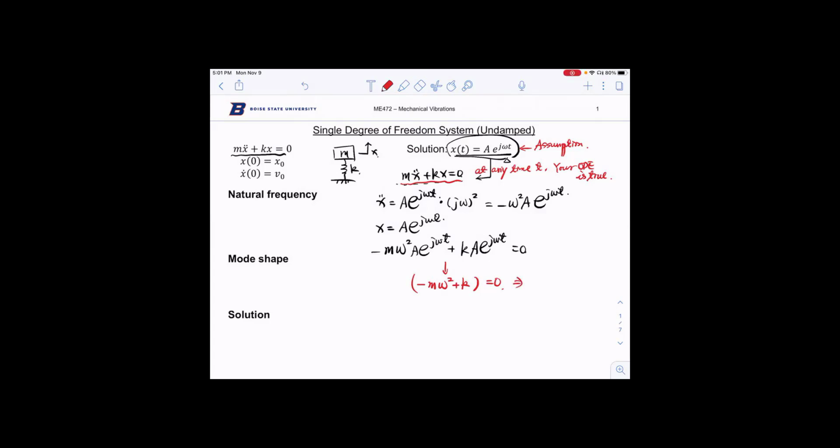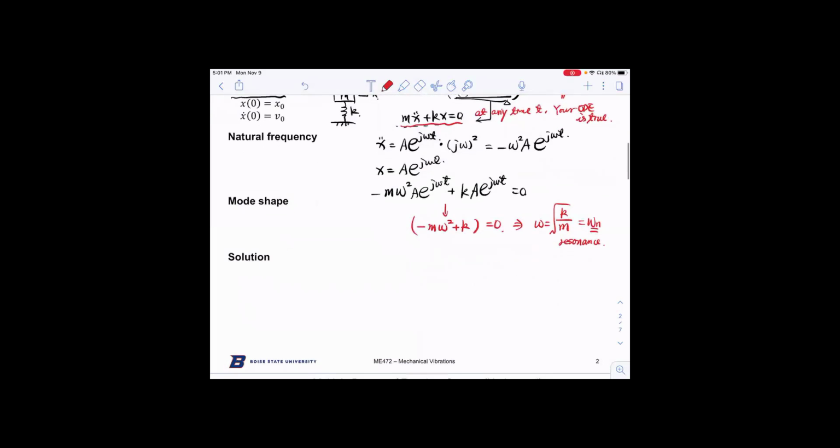And that's how we get ω equals the square root of k over m. And then we name this ω as ωn, the natural frequency, or resonance. Actually you can find two ω.